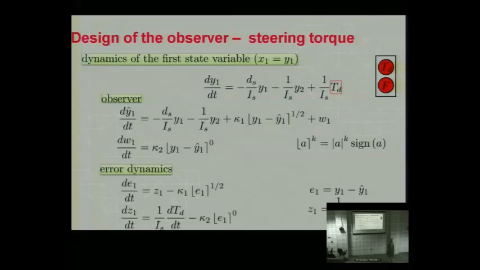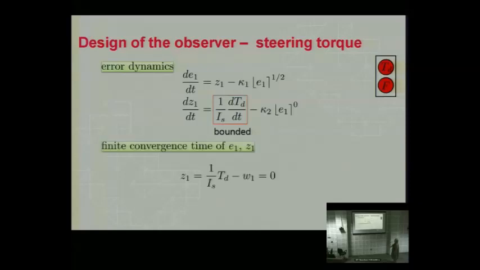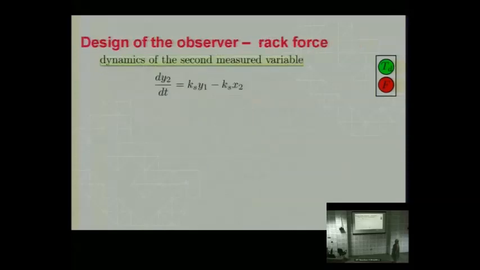We can write down the error dynamics, and by forcing those dynamics to zero, which we can do, this signal here is bounded. We can show that in finite time we get a sliding mode, and we get a signal here which directly relates to one of the signals which is unknown. So we can estimate TD. We can put a green light there to say we can get it.